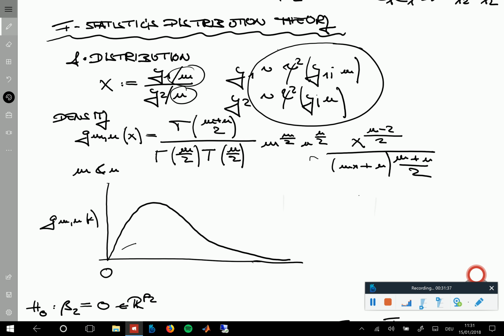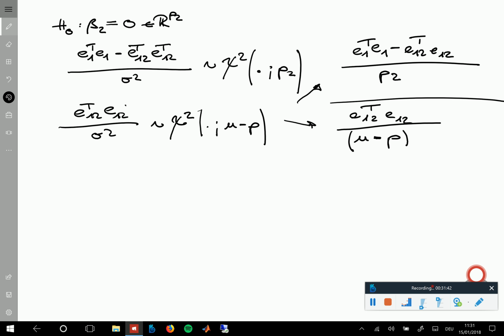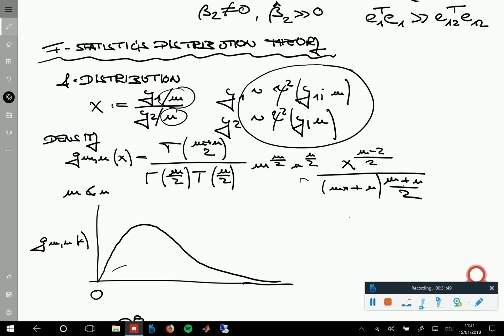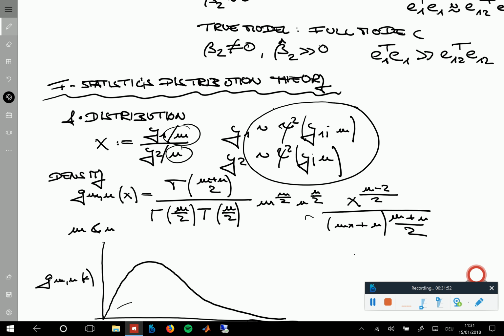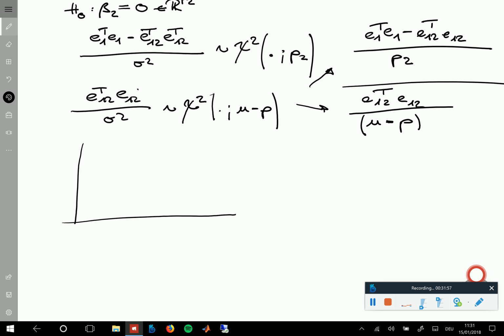Good, so that's briefly the distribution theory, and of course, this distribution theory can be used. Now that you know what the distribution of the F statistic is under a null hypothesis, namely that the beta 2 are 0, you can use these densities. If you have a large F value, you can look at the probability of this or a more extreme value to occur, which you would call a p-value.